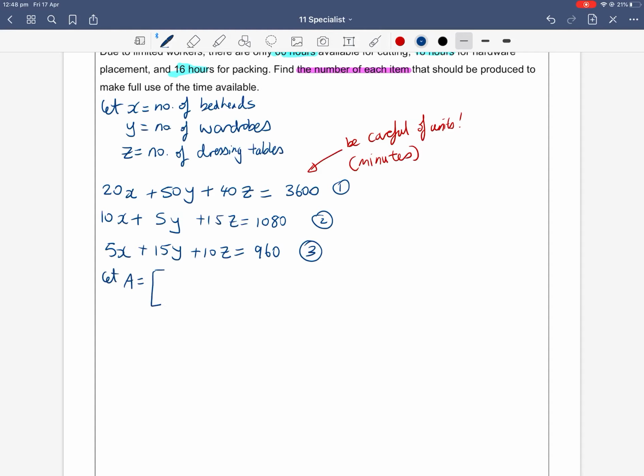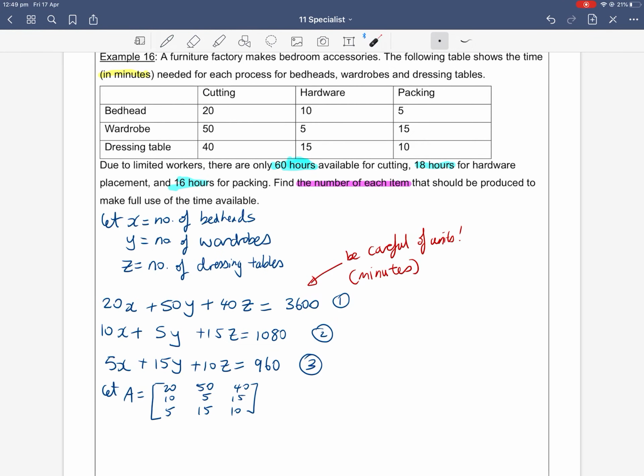Next step is to put them in matrices. So let A equal, look how the x's, y's, and z's are stacked. We can just literally write the coefficients into a 3 by 3 matrix because we have 3 unknowns. See how I was saying before, my table is not directly the same as matrix A, right?